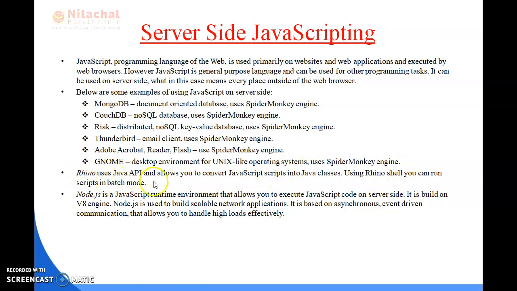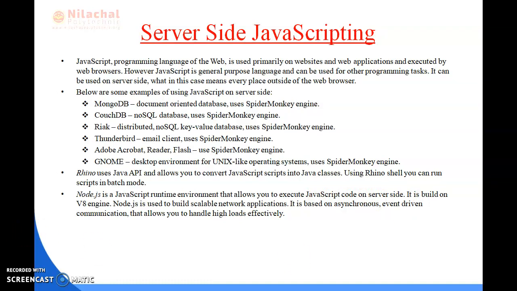Rhino uses Java API and allows you to convert JavaScript script into Java classes. Using Rhino Shell, you can run scripts in batch mode. Node.js is a JavaScript runtime environment that allows you to execute JavaScript code on the server side.